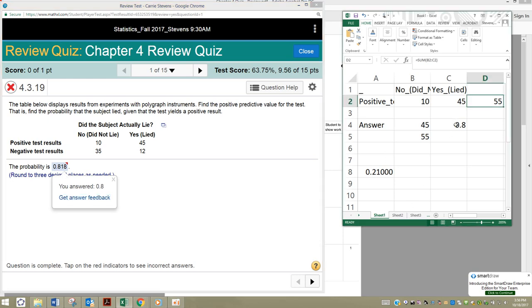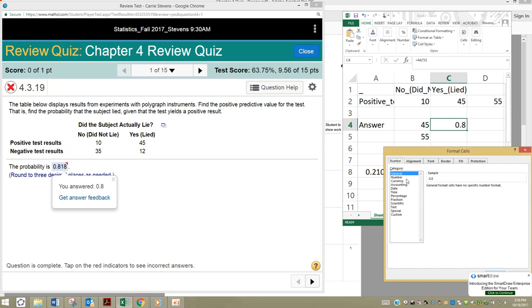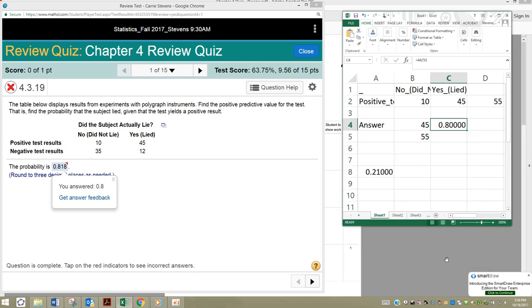And okay, so what happened here probably is that there were some hiding decimals, right? No, that's not what it is.